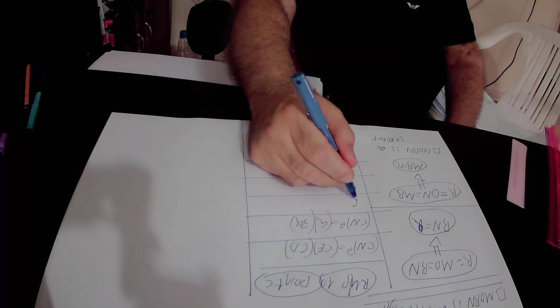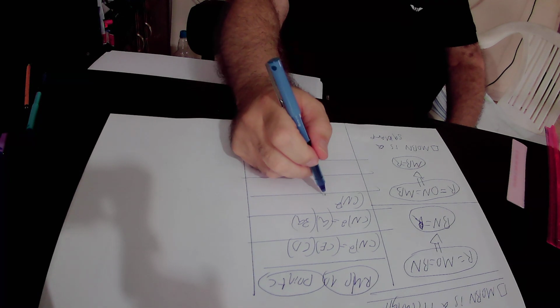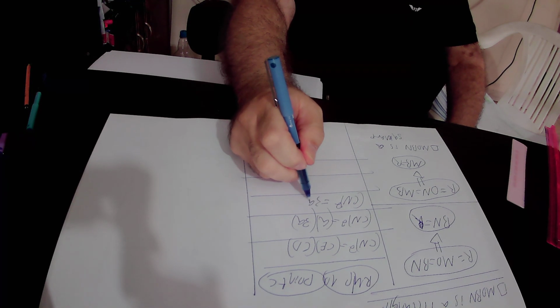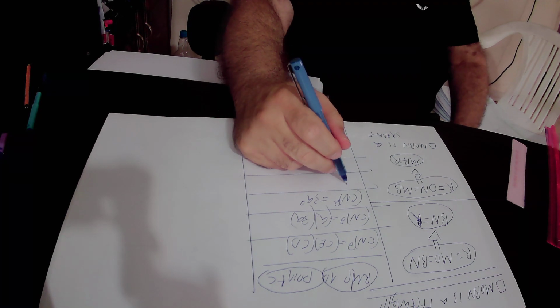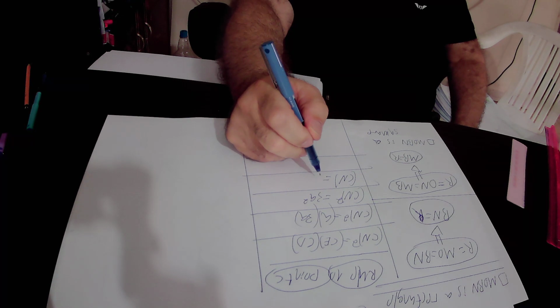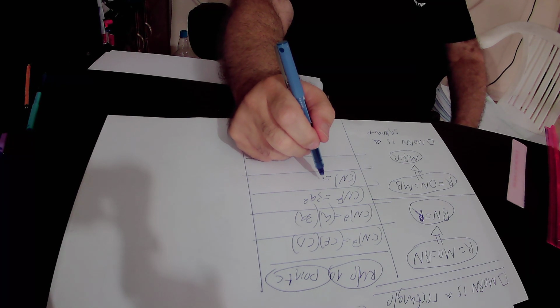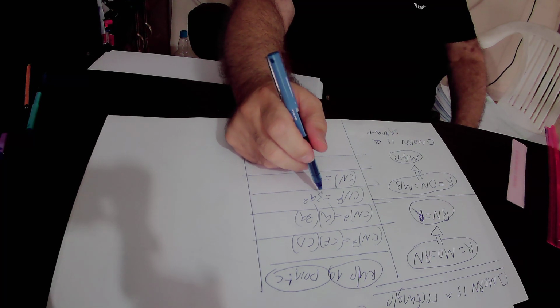That is to say, CN squared equals A times 3A, which is 3A squared. Here we take the square root of this equation and we get that CN equals the square root of 3A squared, which is the square root of A squared, that is A, and the square root of 3 is the square root of 3.